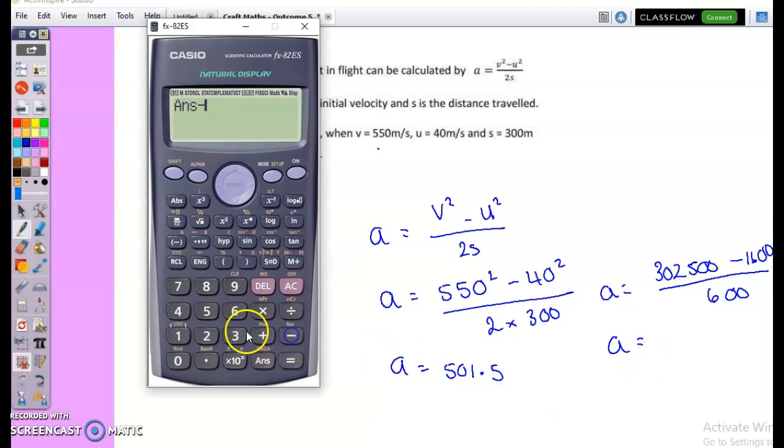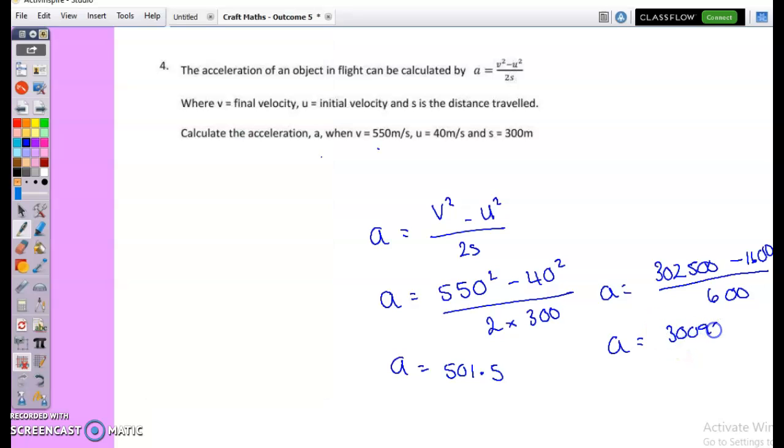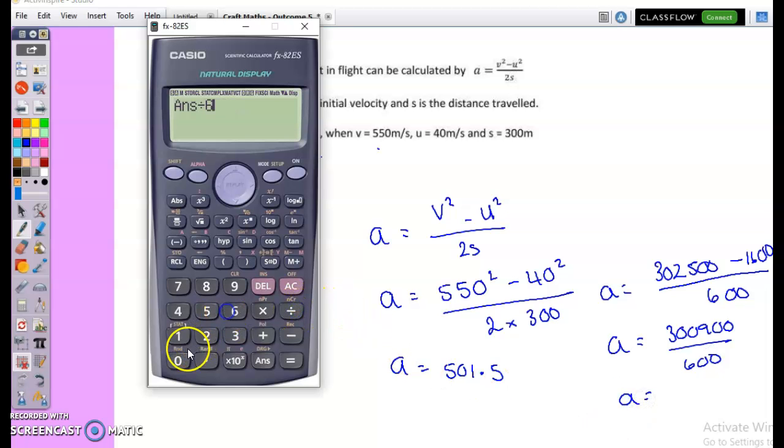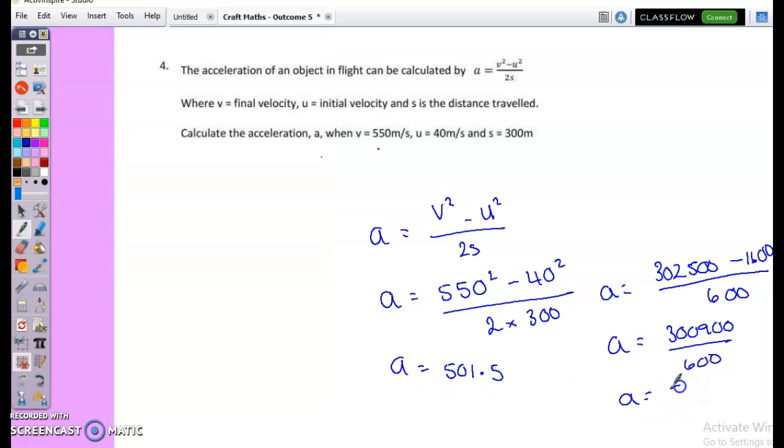So 302,500 minus 1,600 comes out as 300,900, divided by your 600. It's 501.5. It's acceleration, so that would be meters per second to the minus 2.